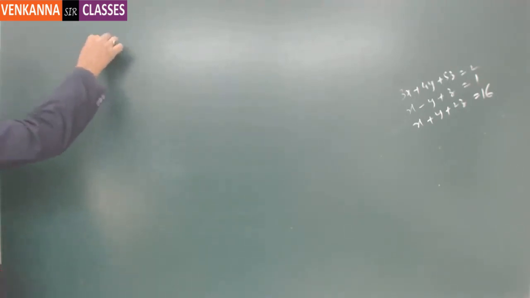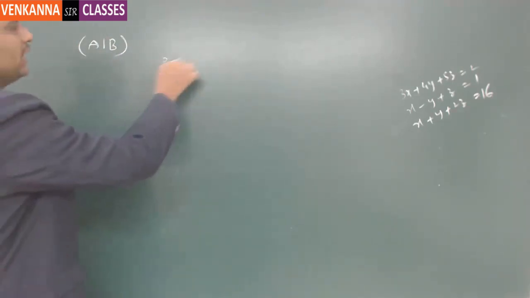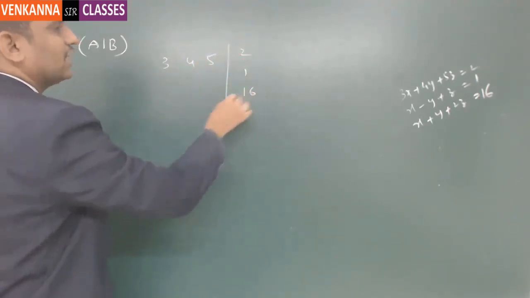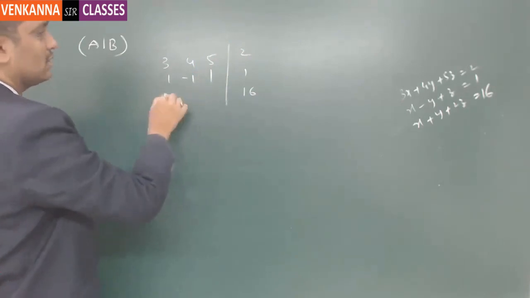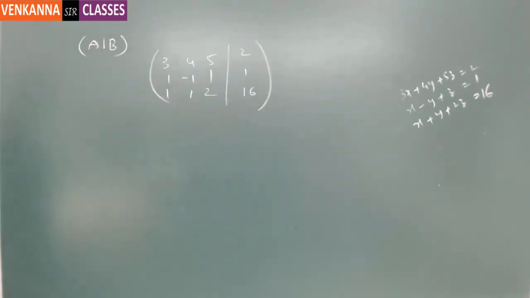So for the Gauss elimination method, we consider the augmented matrix A by B, as per the previous case. So 3, 4, 5 | 2; 1, 1, 1 | 16... 1, -1, 1 | 1 and so on. This is our augmented matrix.